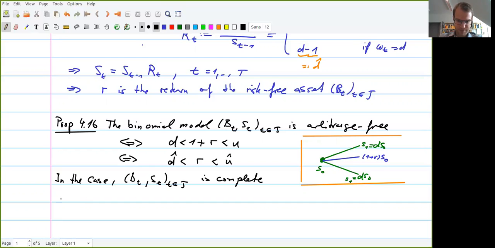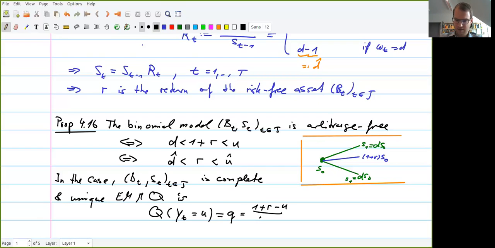And the unique equivalent martingale measure Q is, well, these Y are the random variables modeling the upward and downward factor at the t-th trading period. So this is what we always called Q, and Q, as we already derived, should be this.